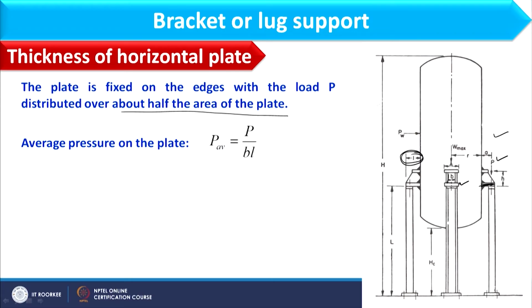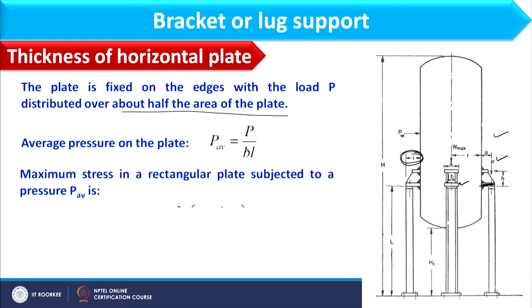So, B into L we have taken as the acting area, and PAV will be equal to P by B into L. The maximum stress in a rectangular plate subjected to pressure PAV is given by this.